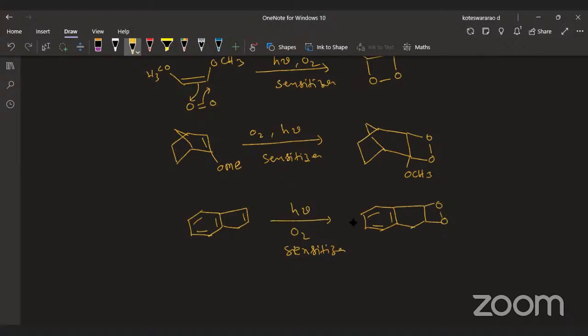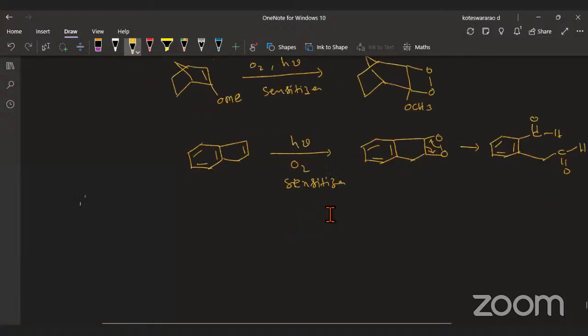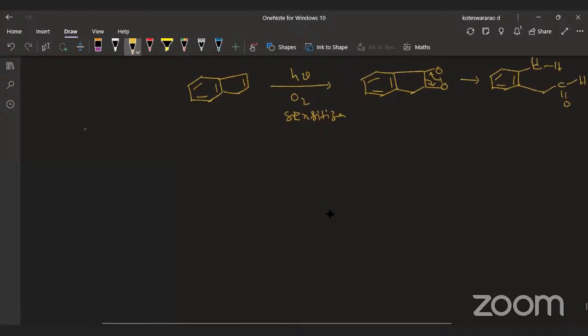Later, it will be dissociated like this. That leads to the formation of an aldehyde group here, and another aldehyde group here. These are the products.